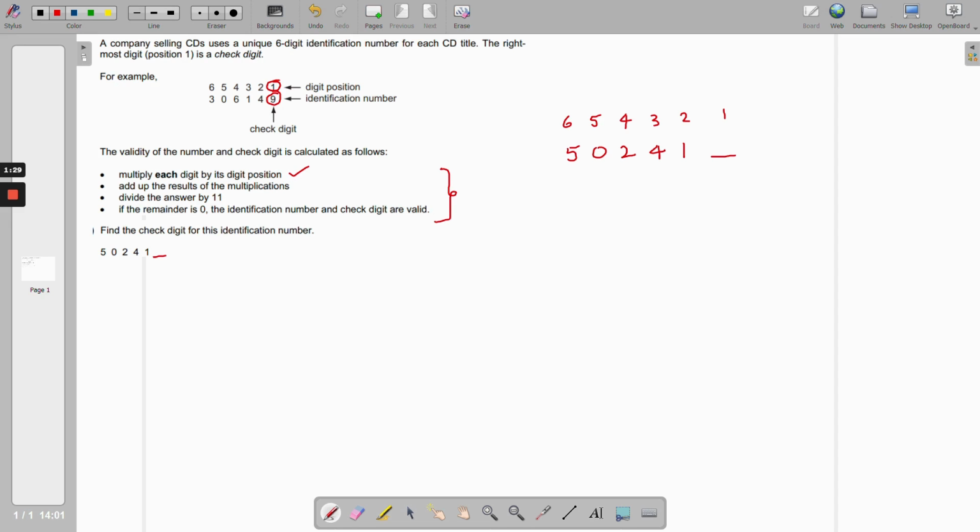So to do that, what we do is we multiply each digit with the corresponding digit position and add up the result of all these products.